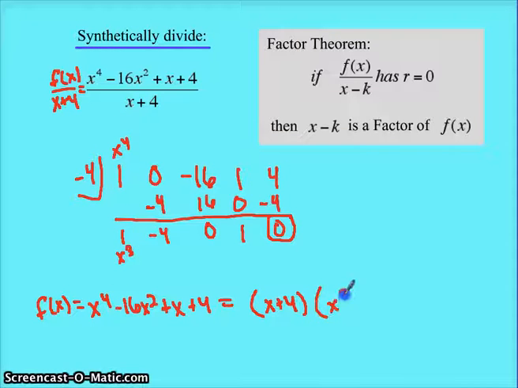So we're going to have x cubed minus 4x squared plus 0x plus 1. And we've actually just factored one factor or one term essentially out of our polynomial. Our x plus 4 factors perfectly out of there.